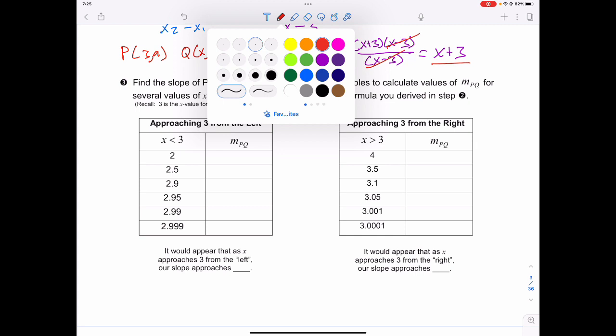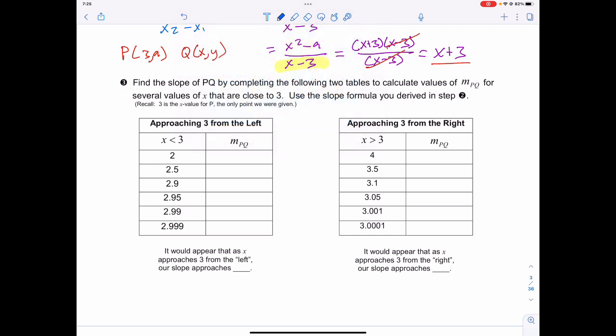So if I pick a point that is to the left and my slope is x plus 3, then if I pick the point of 2 for x, then my slope is going to be 2 plus 3, or 5. If I say that x is 2.5, my slope is going to be 5.5. If I say it's 2.9, it's 5.9.